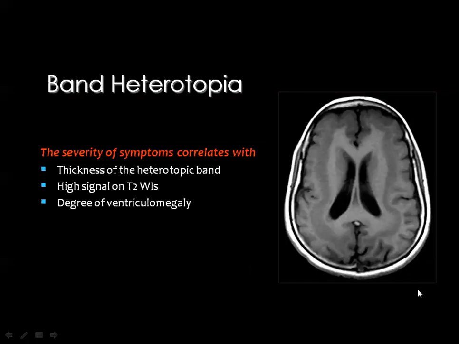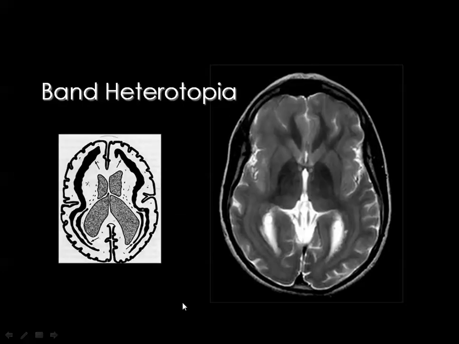And this is also a good example, and you see this very well presented band of gray matter, similar in signal intensity to the gray matter of the cortex. Then this is known as the band heterotopia.